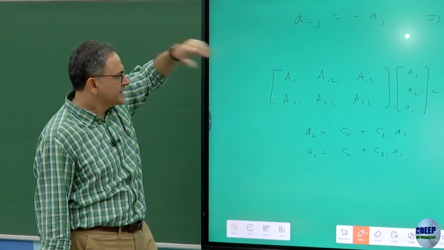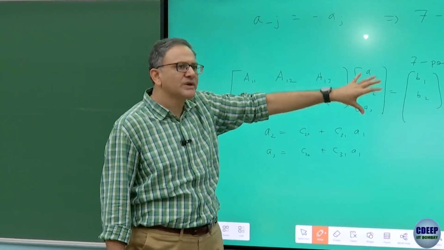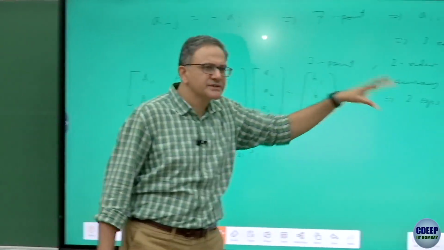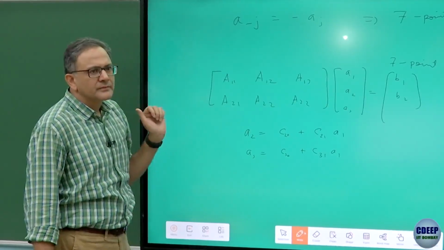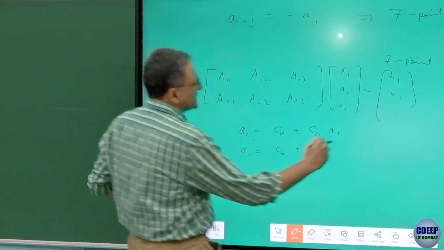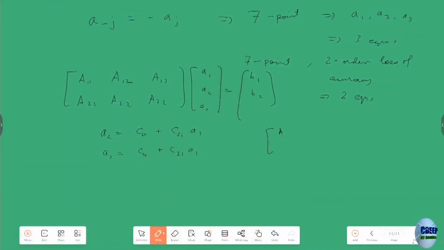Specifically for the 7-point stencil, we'll see that we'll require 2 equations. If you want 4th order accuracy, you'll require 2 equations, and they will be formulated in this form. So basically you can write this as A12, A13, A22, A23 times A2, A3, equals B1 minus A11 A1, B2 minus A21 A1.